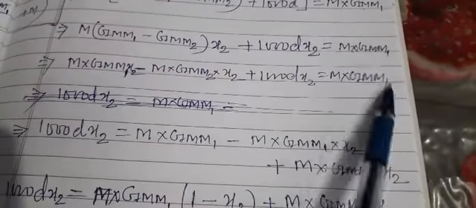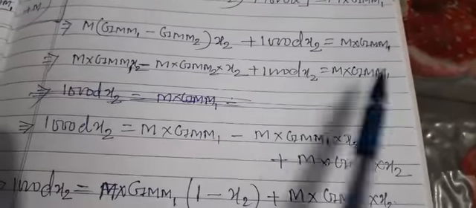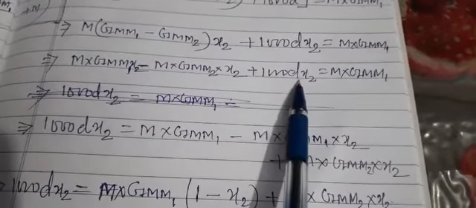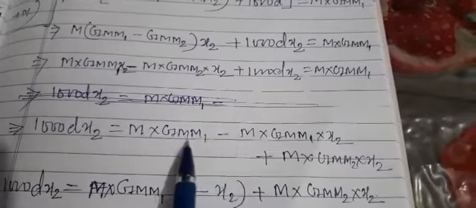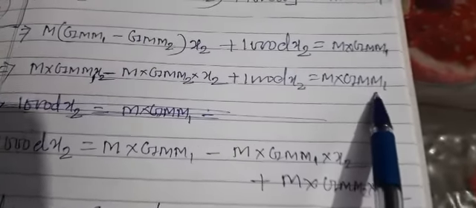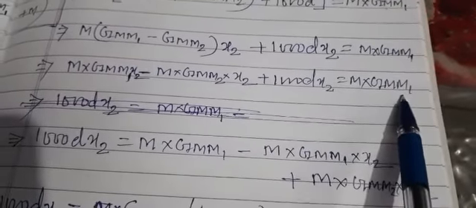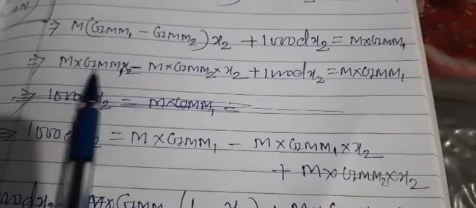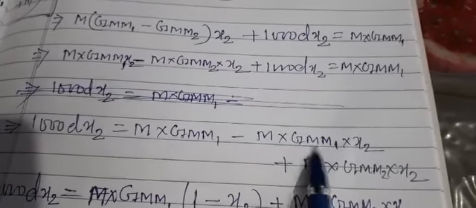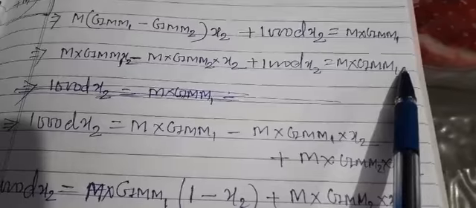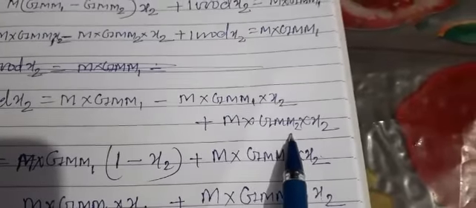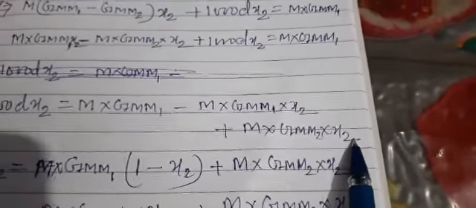So this one will become positive and this one will become negative. So 1000d x2 is written here, M gm1 is there, and minus M gm1 x2 minus, and this is the minus, so when it comes this side it will become plus, M into gm2 into x2.